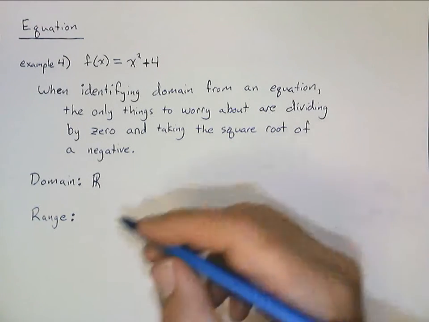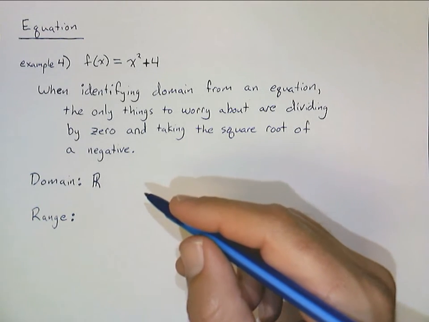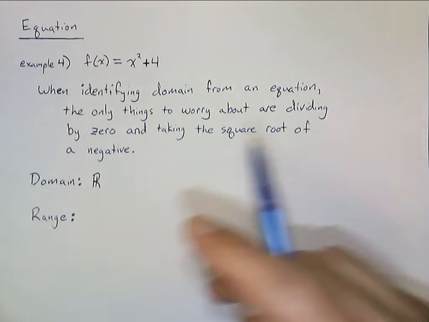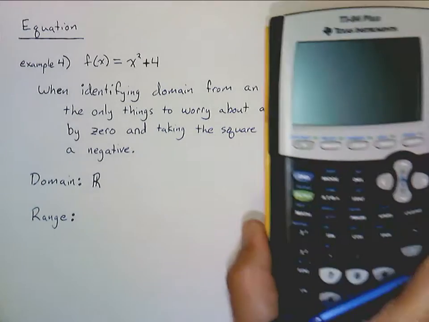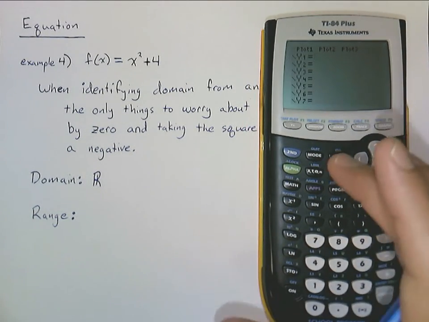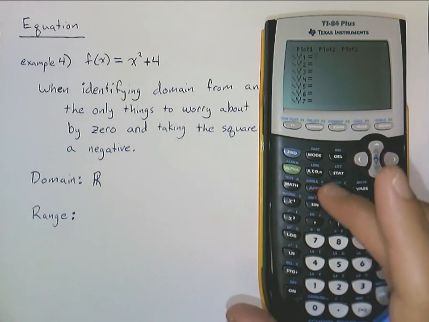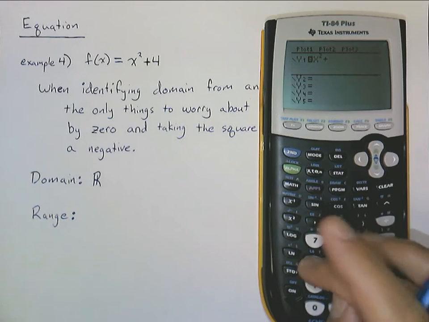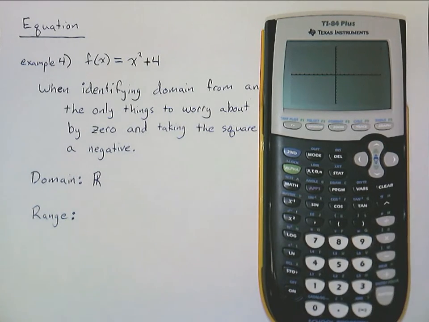Now the range, that's going to be a little bit more difficult to see. And so if you really want to find out what the range is, the best bet would be to grab your handy dandy calculator and make a graph of this thing. So we'll plug it in, y equals x squared plus 4. And we'll graph this thing.